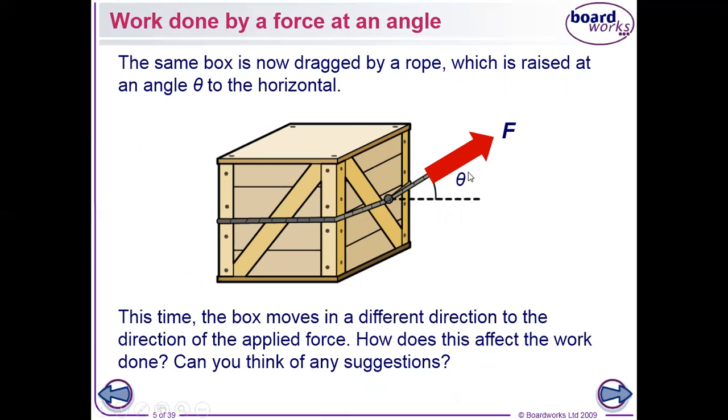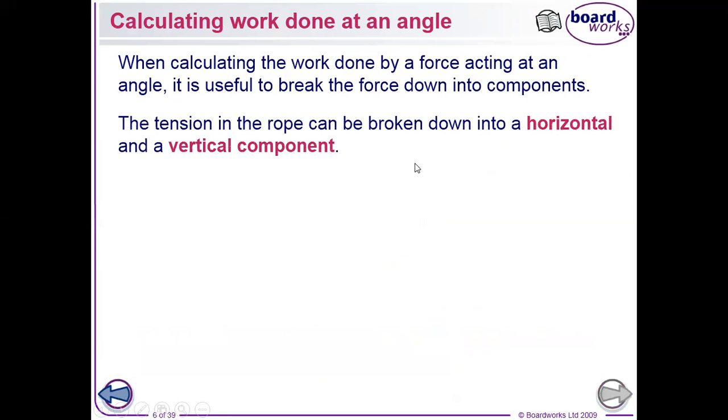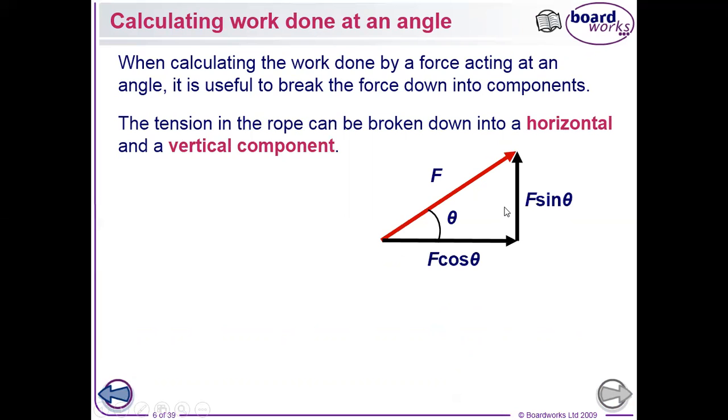So the force here can be resolved into a horizontal component and also a vertical component. The horizontal component is F multiplied by the cos of the angle, which is F cos theta, and the vertical component is F multiplied by sine of the angle, which is theta.